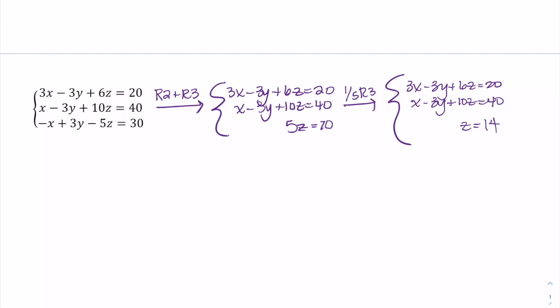So at the next step, we need to cancel x in the second row. So we can do that by taking row 1 and adding it to -3 times row 2.